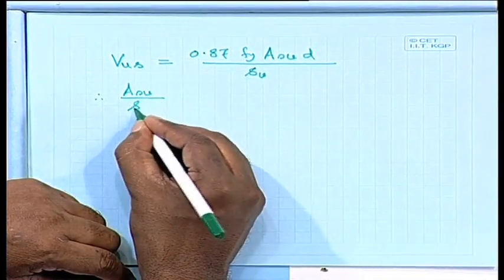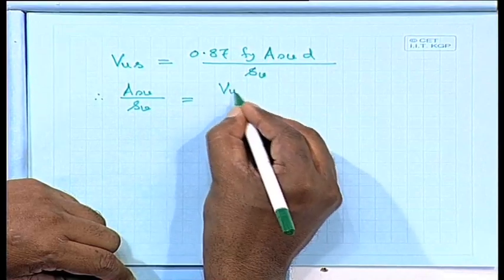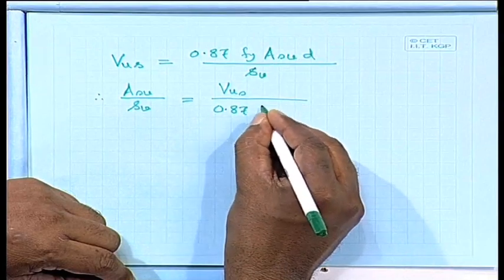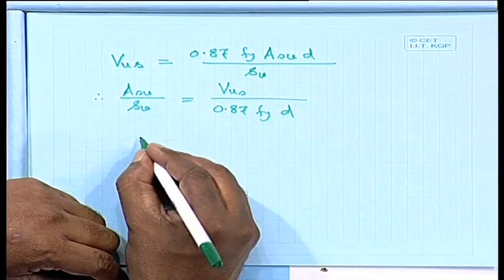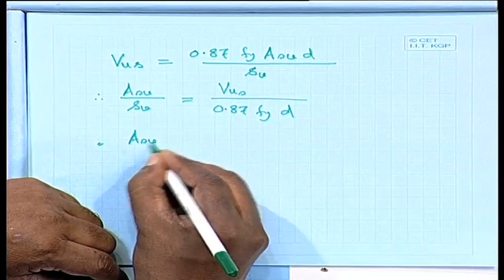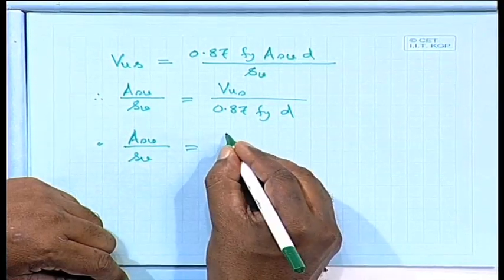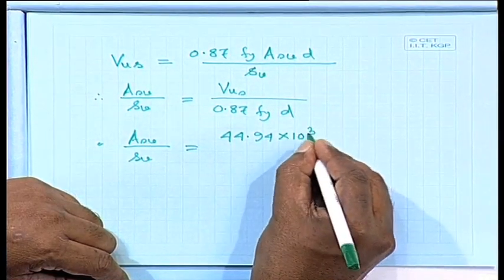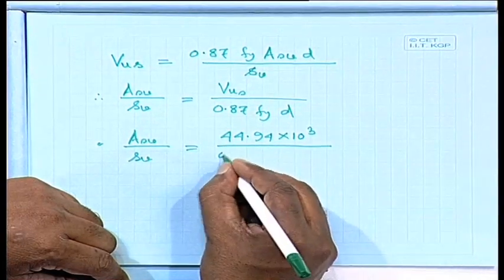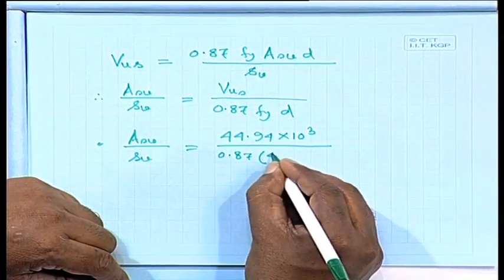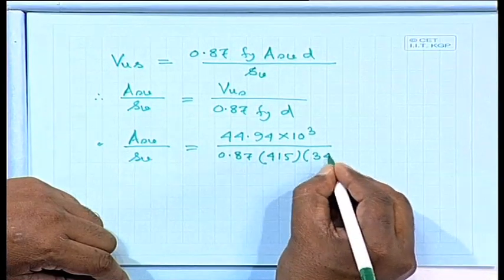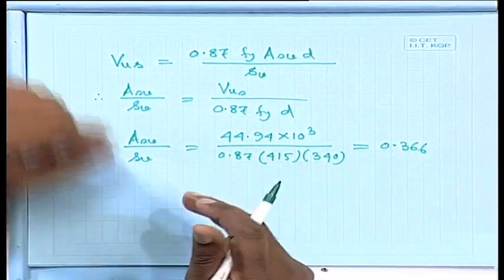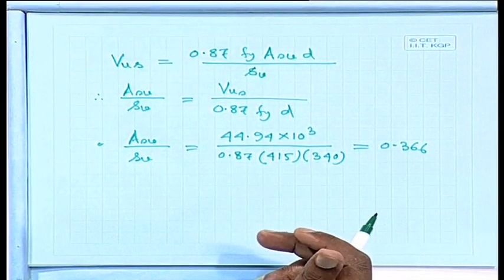ASV by SV equals VUS in our case divided by 0.87 FyD, or ASV by SV equals 44.94 into 10 to the power 3 divided by 0.87 times 415 times 340, equals 0.366. This is the ASV by SV that we get, 0.366.